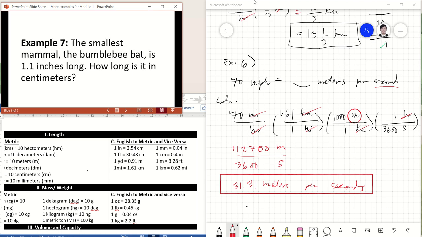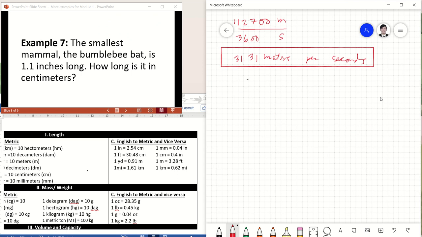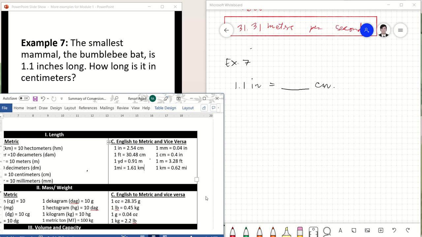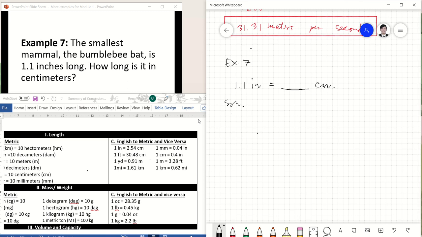Okay, now let's proceed to example 7. So the smallest mammal, the bumblebee bat, is 1.1 inches long. How long is it in centimeters? So we're converting English to metric and it's length. So looking at here, we already have an inch to cm. So we just have to use that.